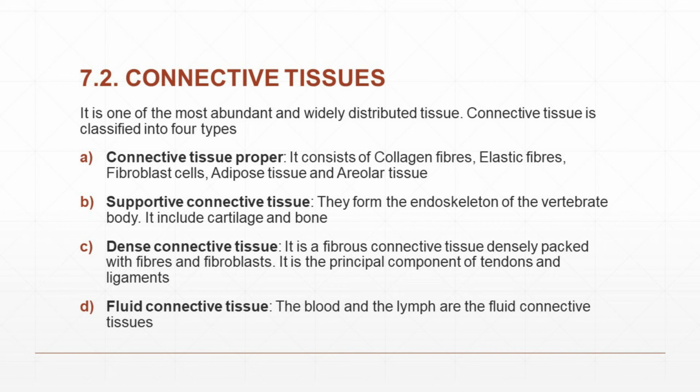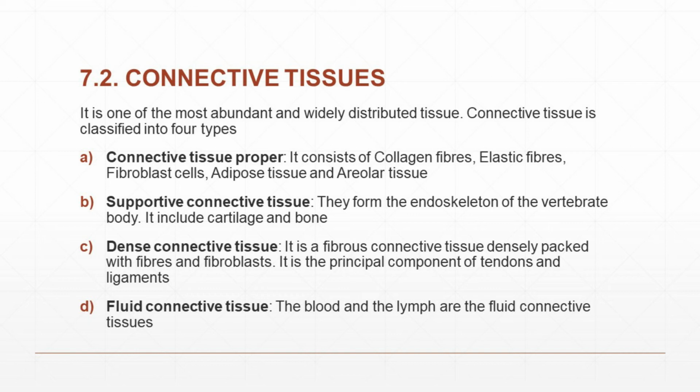The supporting skeletal connective tissues form the endoskeleton of the vertebrate body, which protects various organs and helps in locomotion. The supportive tissue includes cartilage and bone. Here I gave the diagram of tiers of bones.